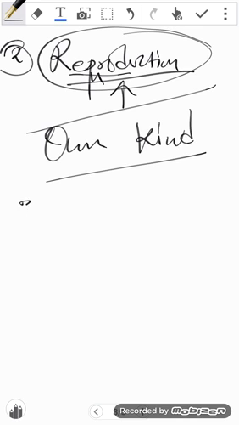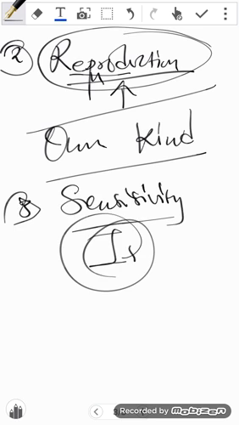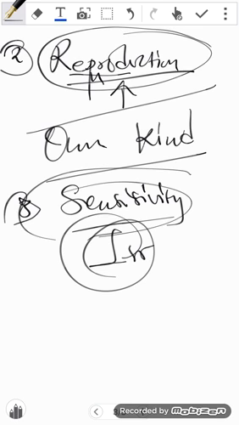Other than reproduction, we have what we call sensitivity. Sensitivity can sometimes be referred to as irritability. Sensitivity is the ability of a living organism to respond to stimuli.